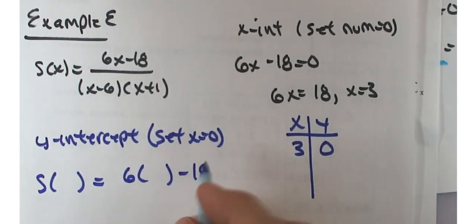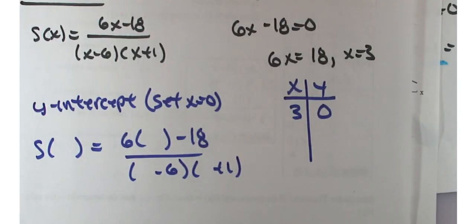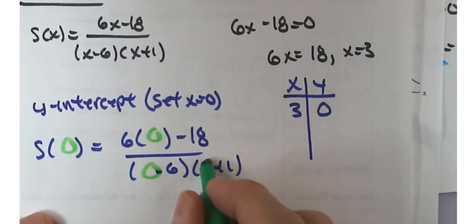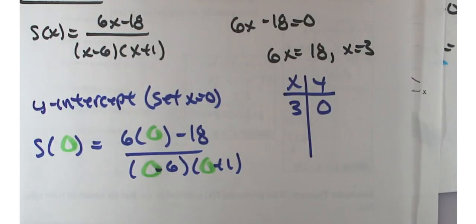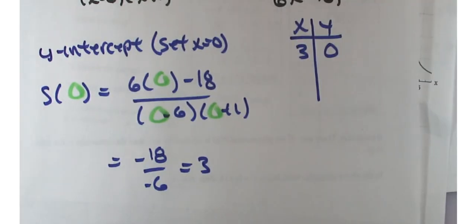Excuse me, 18 over 0 minus 6 times 0 plus 1. Lots of zeros here. You're going to end up with negative 18 over negative 6, which is also a 3.